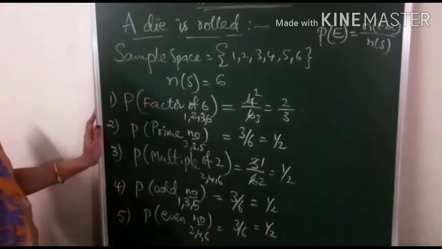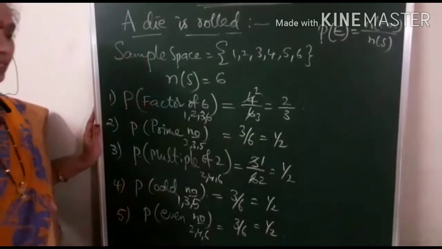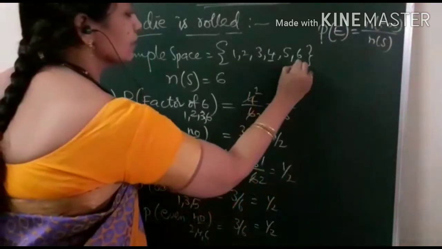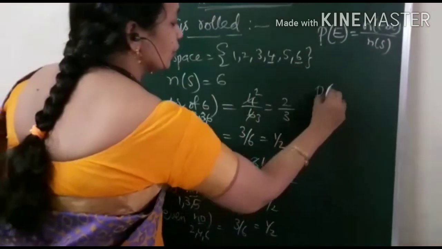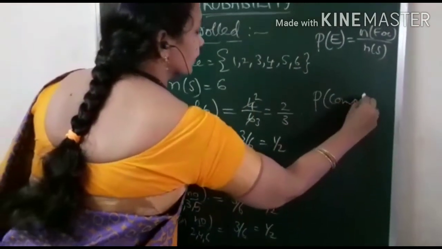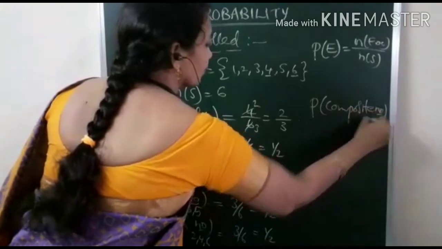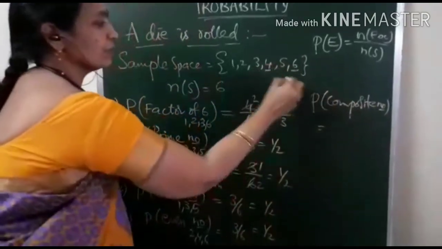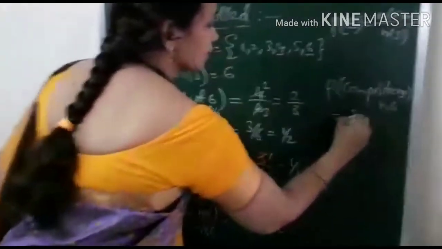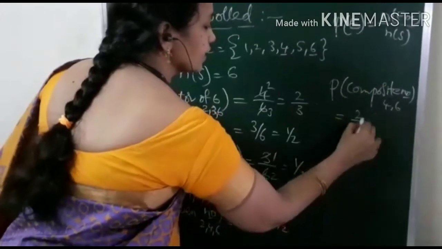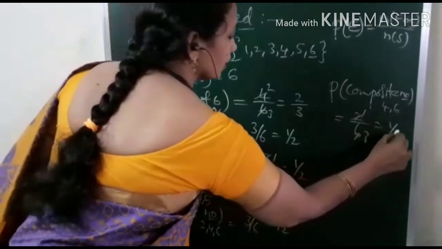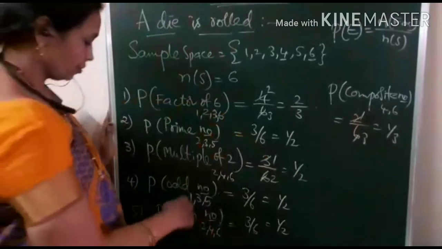And you can take the composite number also. So what is the composite number? Composite numbers are 4 and 6. So probability of composite number: favorable outcomes for composite numbers are 4, 6. So 2 by 6 is nothing but 1 by 3. 1 by 3 is the probability of composite numbers.